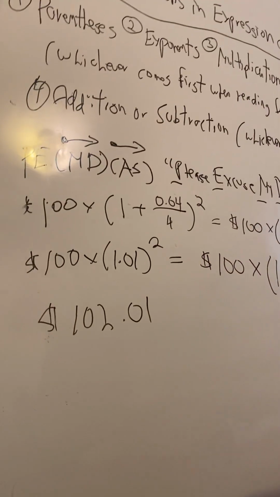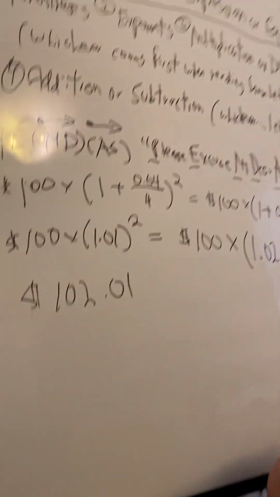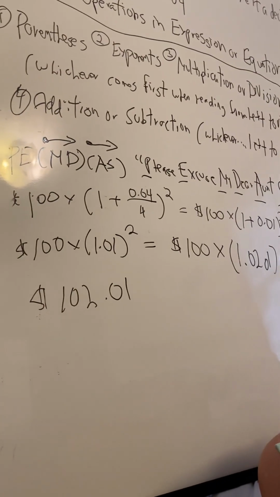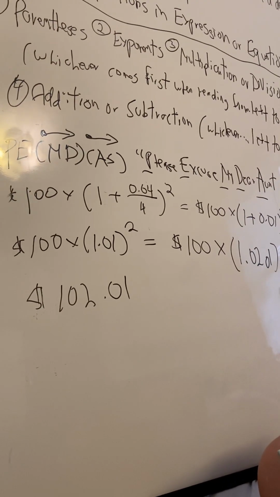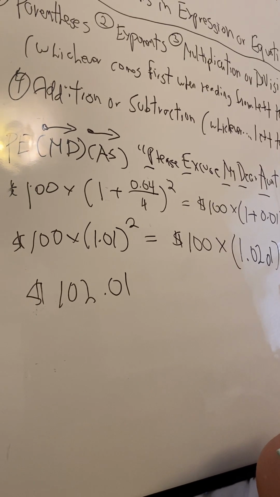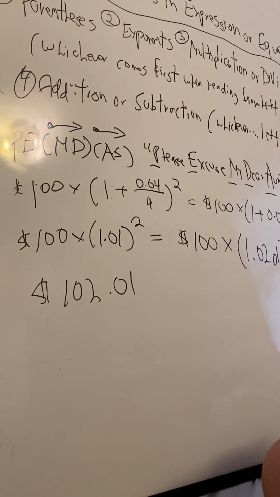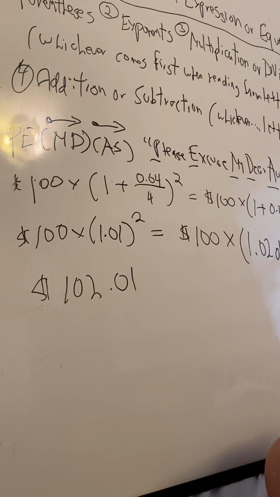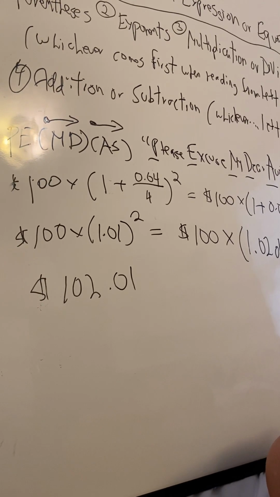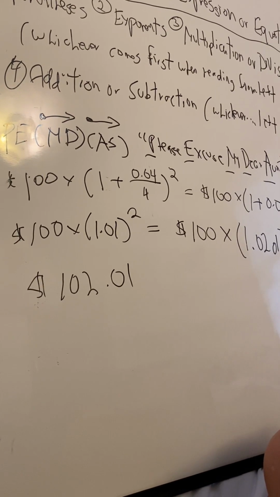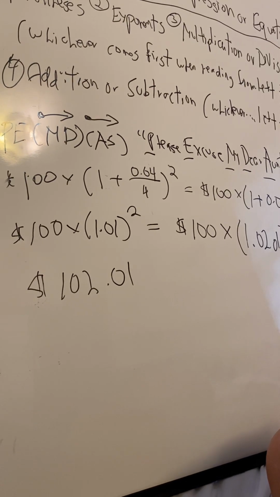So let's evaluate an expression. Say we had $100 times, in parentheses, 1 plus 0.04 divided by 4, raised to the second power.